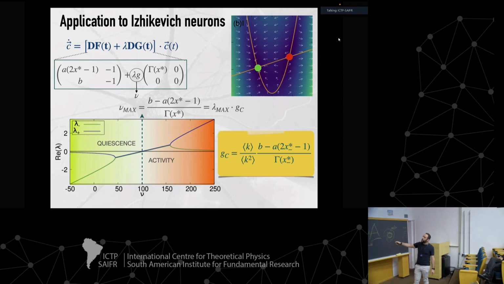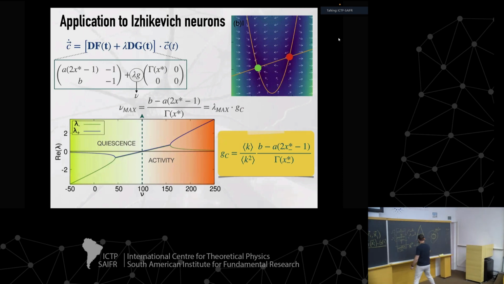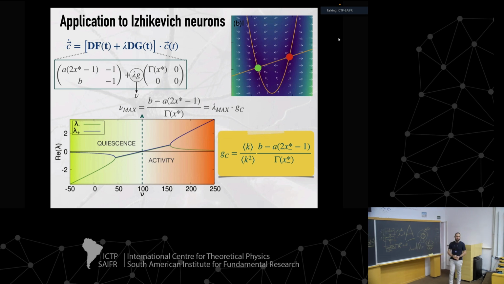What I have done here is to put that the maximum eigenvalue of A, remember, is the second moment of the degree distribution divided by the first moment, okay? With this, what we saw yesterday, okay? I put it here. The maximum eigenvalue of A is equal to the second moment divided by the first moment, okay?